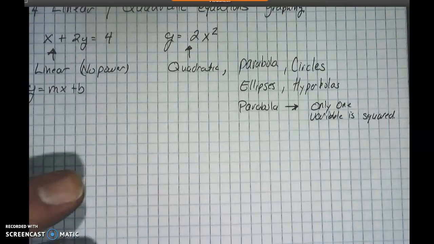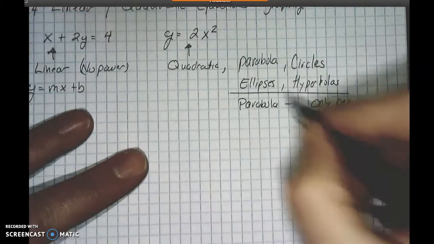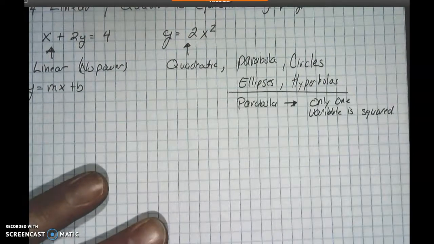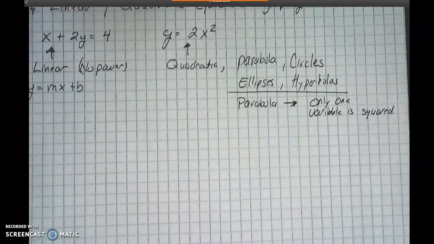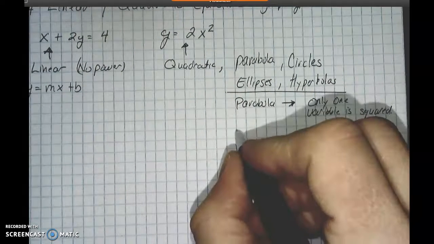I'm just going to break it down so you can see it. So how do you know it's a parabola? Well, only one variable is going to be squared. It could be the x, which means that the parabola opens which way? Up or down. And if the x is squared, sideways. Okay, good.